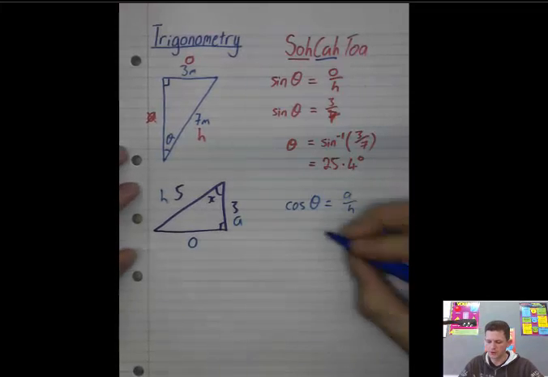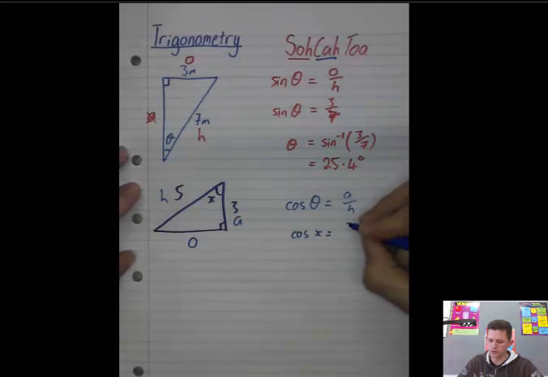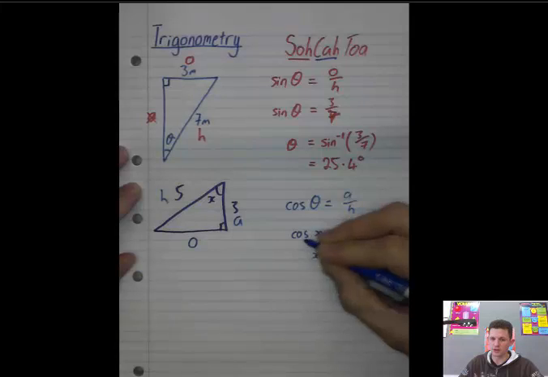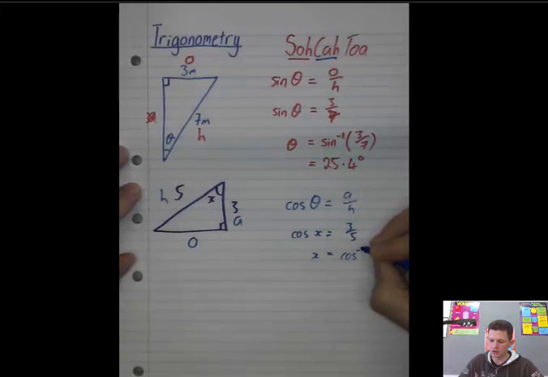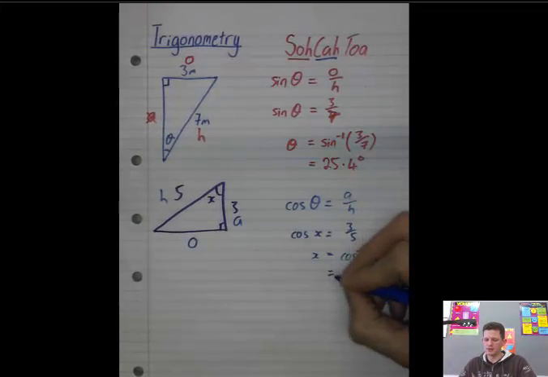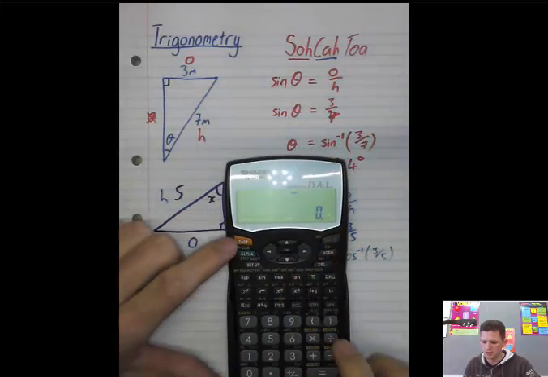Substitute the triangle information in. Cos x equals 3 over 5. X equals the opposite of cos, which is cos minus 1, bracket 3 over 5. And that is what gets put into our calculator. So we'll go through that again.